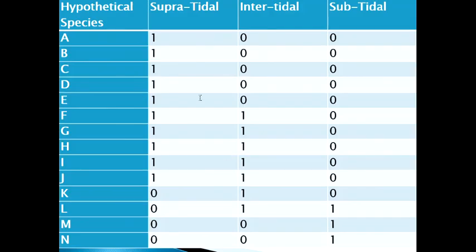This next example is just the way this is usually mathematically expressed as a series of ones and zeros. 1 equals present, 0 equals absent. The letters there on the extreme left are the series of hypothetical species, species A, species G, species K, etc. And then if that particular species is present in any of these three environments, it's coded as 1.